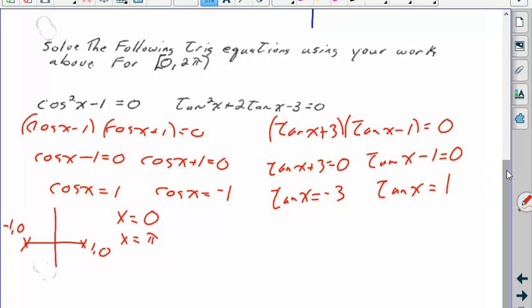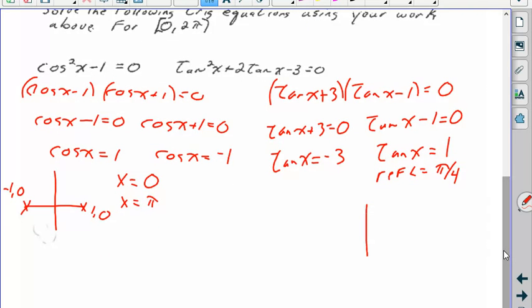I'm going to do this one first because it's a special triangle. Our reference angle is pi over 4 off our special triangle. Tangent is positive in quadrants 1 and 3.